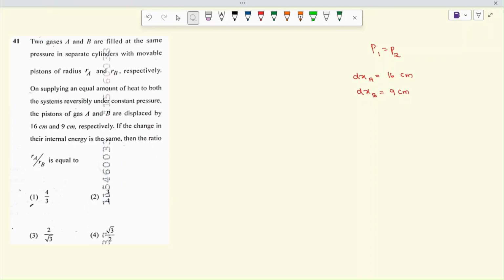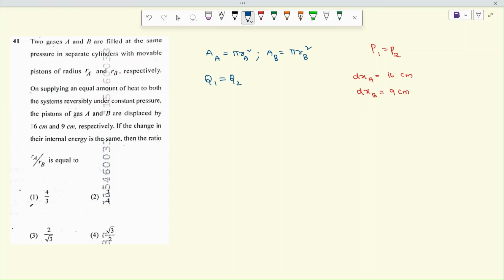41. Two gases A and B are filled at the same pressure, so P1 equals P2, and the movable piston radii are given as RA and RB, so the area of A will be πRA², area of B will be πRB², and equal amount of heat is supplied to both, reversibly under constant pressure.